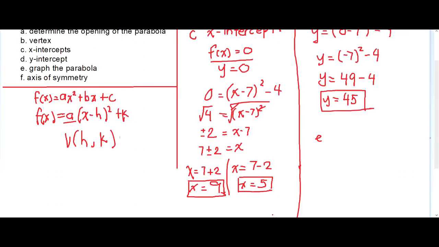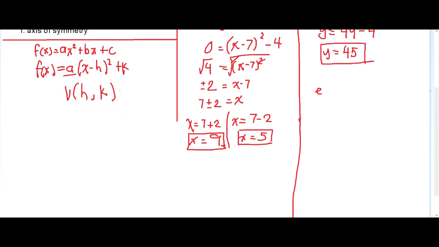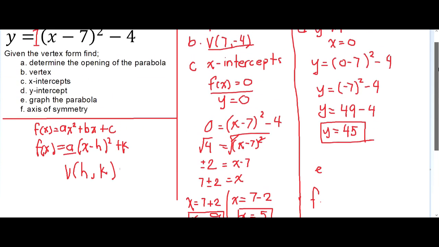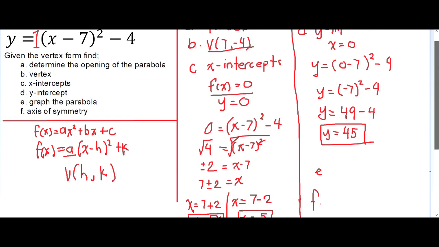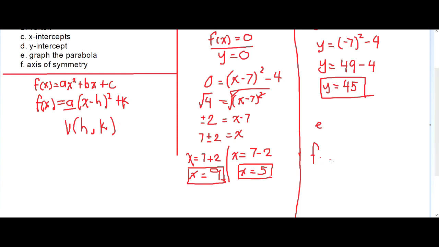Now, next. We're done with your graph, axis of symmetry. Sa axis of symmetry, ito yung one of the easiest to answer. Axis of symmetry is equal to H. Or AS. Ang ibig sabihin ng AS is axis of symmetry.